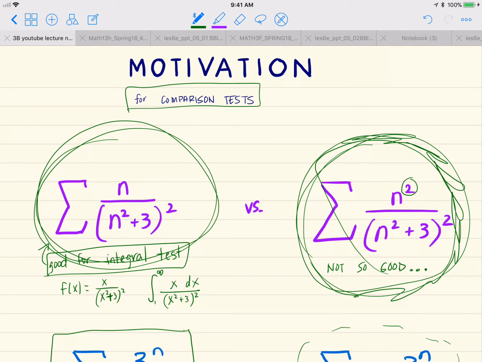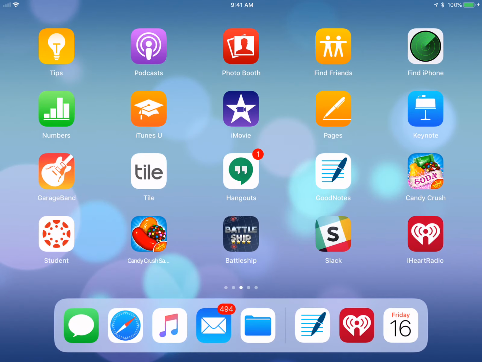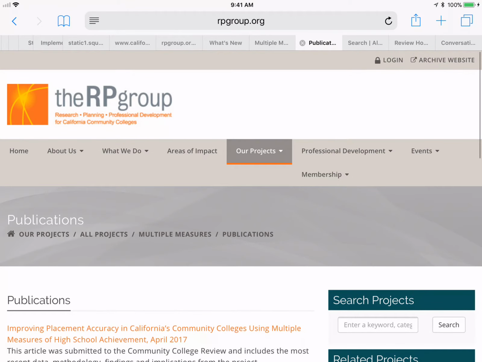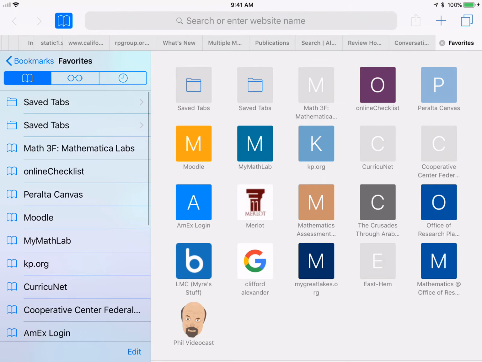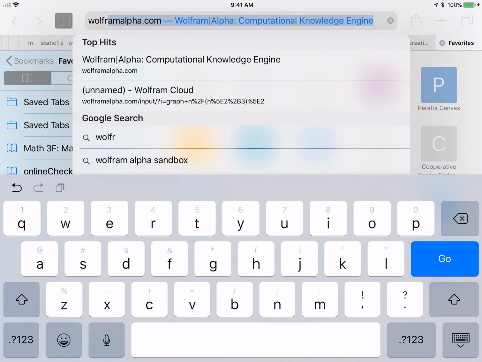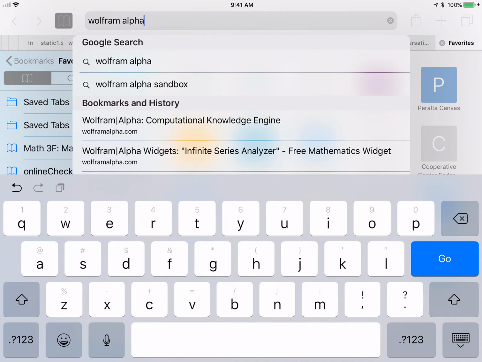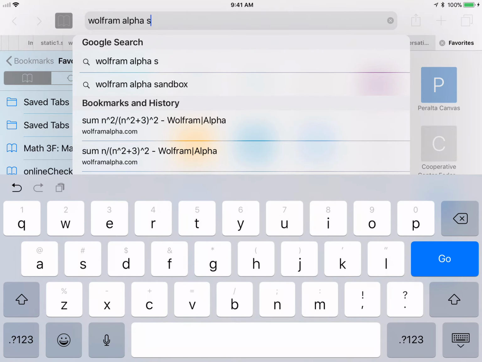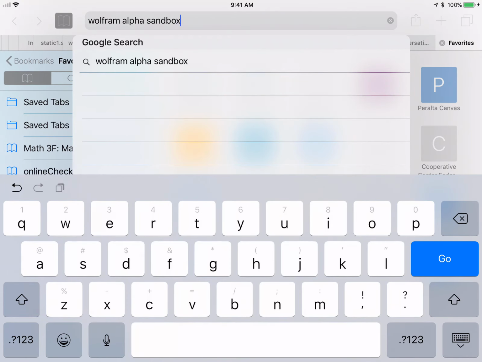Now, just as a quick little bonus, I want to share with you how to use Wolfram. We can use Wolfram Alpha, or you can use Mathematica, whatever you are familiar with. Please know that we can have Wolfram Alpha for free, actually.